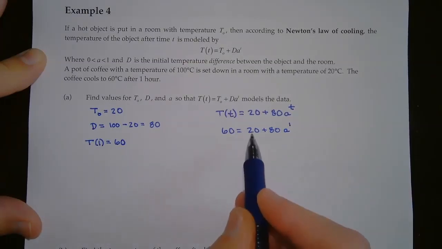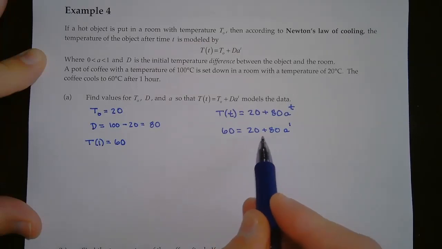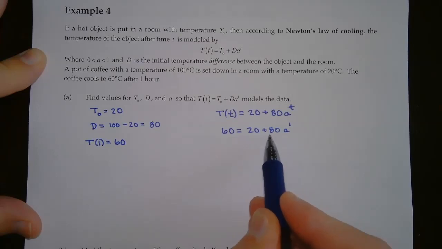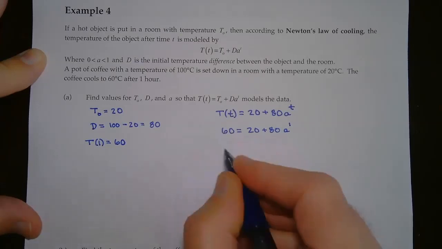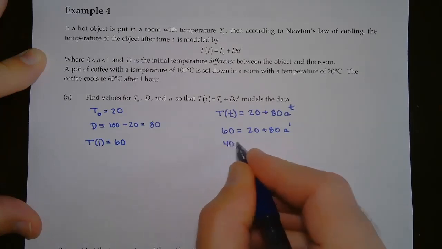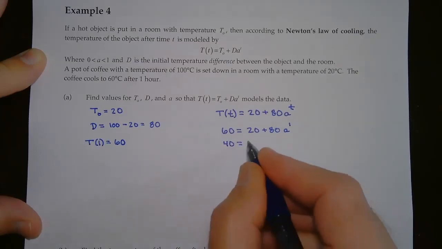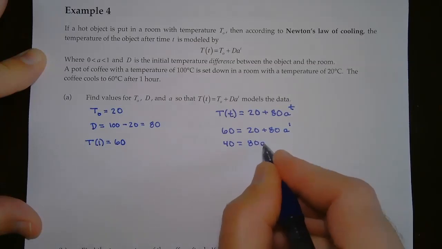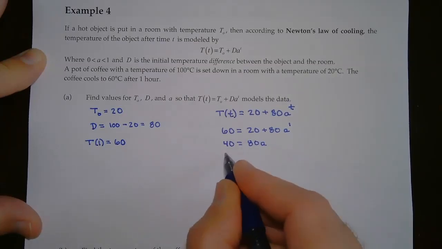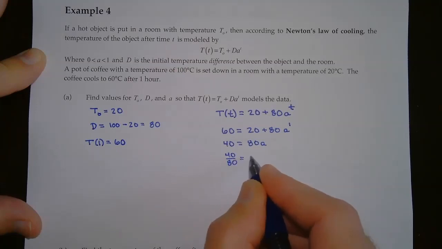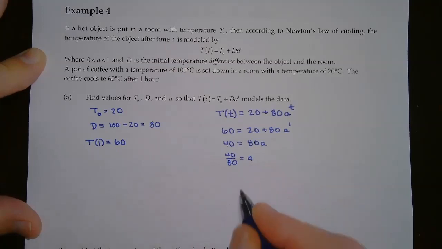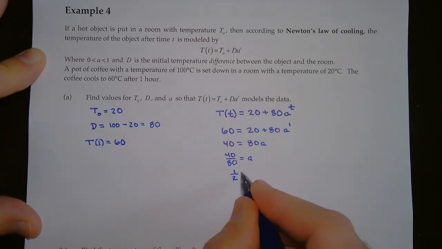Now what I'm going to do next is subtract, because I've got to get to this a, and it's really just a. So this is 20 plus 80a. I'm going to subtract 20, and that gives me 40 is equal to 80a. Then 40 over 80 is a, which reduces to 1/2.